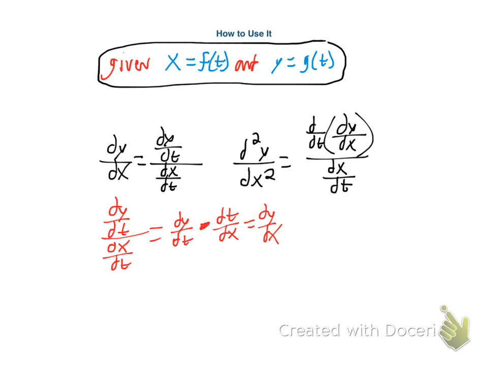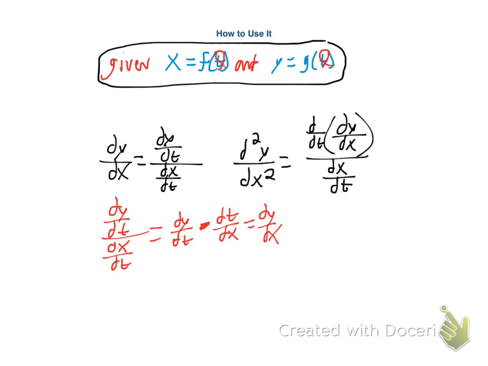Sometimes you'll be asked to do that, and in that case you would have to change the parametric function and convert it into a regular non-parametric function, which you can do by simply setting them equal, since the x equals and the y equals each have t's, and combining the two equations.